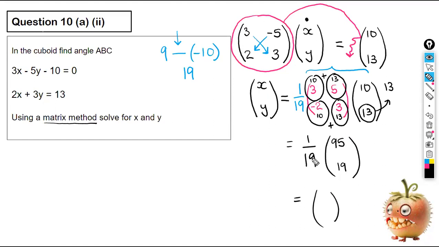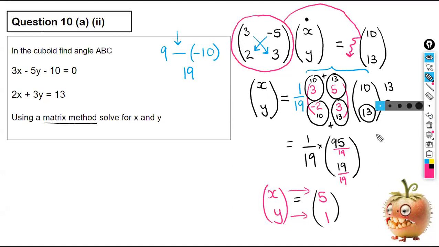The number is 1 on 19 waiting on the outside. So you're multiplying everyone here by 1 on 19, which is the same thing as dividing everyone by 19. And I believe when you do that, you will get 5 on 1. So x, y is 5, 1. X is 5, y is 1.